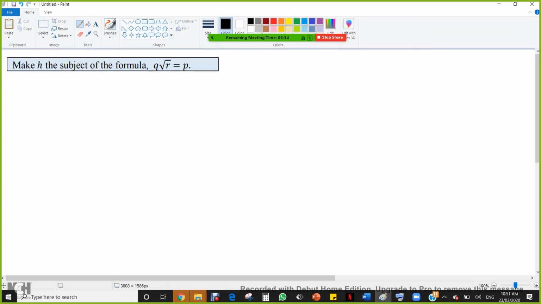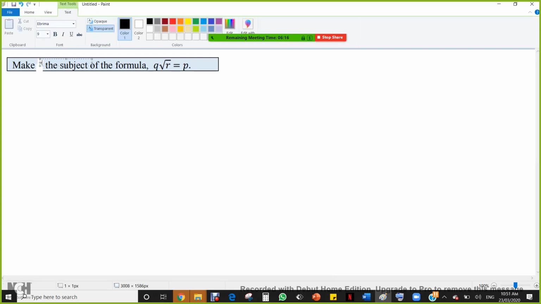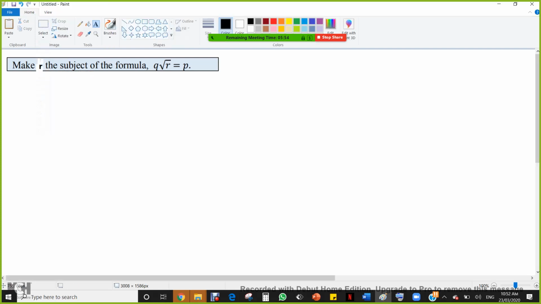Okay, it's supposed to be r. Is it better now? Make r the subject of the formula? Yes, sir.